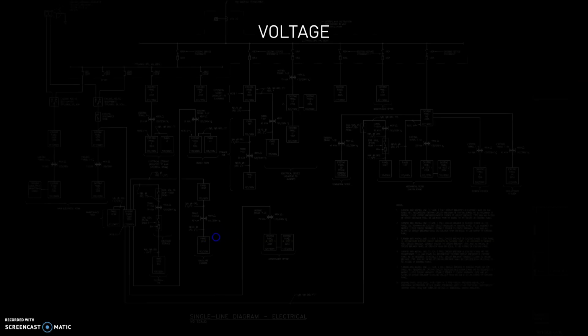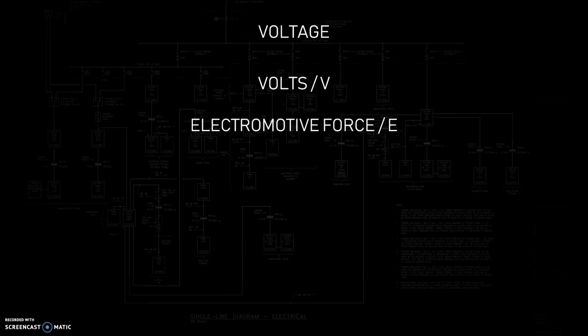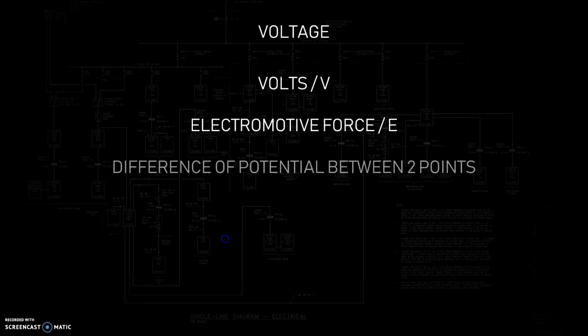But anyway, voltage is the second one we want to touch on briefly. Again, volts, abbreviated by the letter V. It's also known as electromotive force, as we said, so that's why you're going to see it abbreviated also by the letter E. Voltage, this is something I haven't really mentioned to you guys yet, but it's the difference of electrical potential between any 2 points.